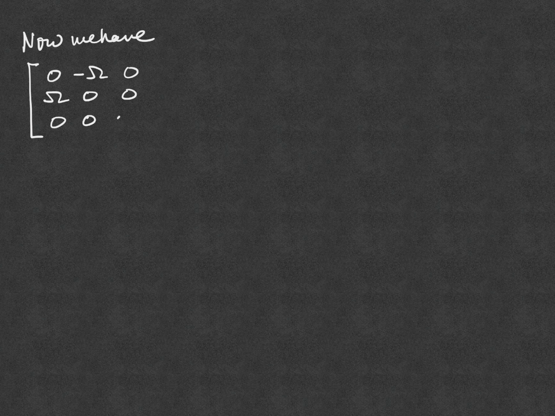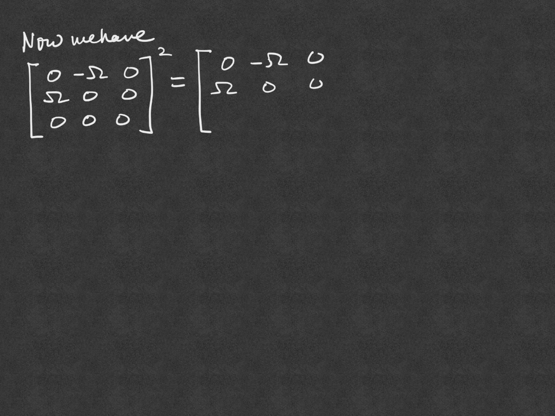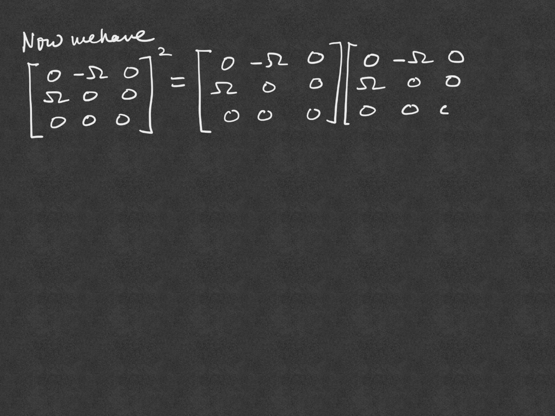So now we have the following, that this matrix 0, minus omega, 0, omega, 0, 0, 0, 0, 0, when I square it, is equal to itself times itself. And so when I do this product between this matrix and itself, I get the following result.